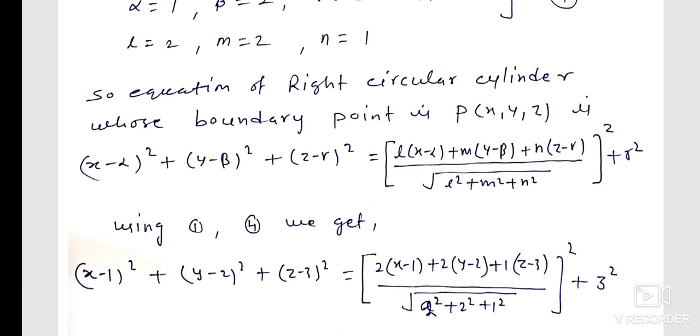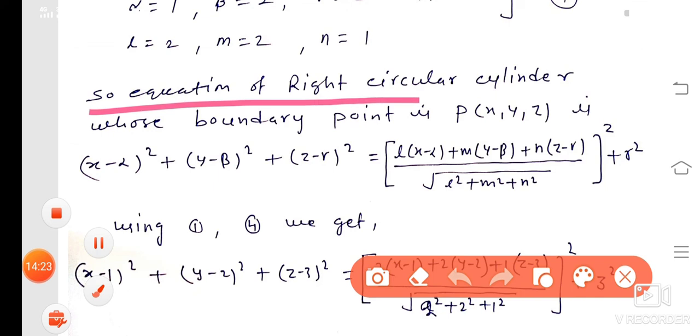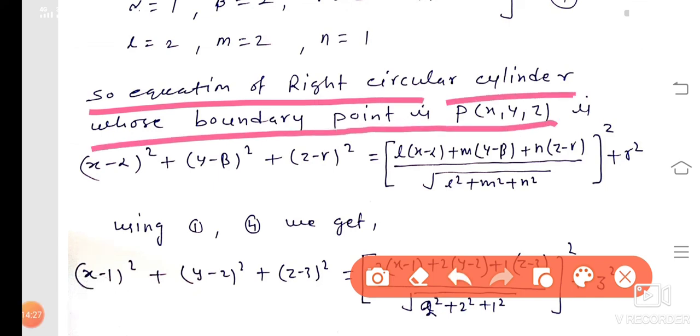So we take a general point. The equation of the right circular cylinder whose boundary point is P(x, y, z) can be written as (x minus alpha) square plus (y minus beta) square plus (z minus gamma) square equals [L(x minus alpha) plus M(y minus beta) plus N(z minus gamma) upon root of L square plus M square plus N square] whole square plus R square.